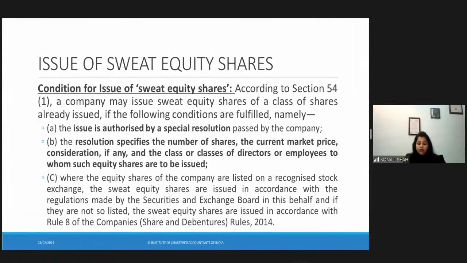Now, what are the conditions for the issue of sweat equity shares? Section 54 says that a company may issue sweat equity shares of a class of shares if the following conditions are fulfilled. Firstly, it is authorized by a special resolution passed by the company. Technical know-how means, let's say ABC company knows how to manufacture a device that can reduce electricity consumption. So it has a patent. That company is based in the US, and it also wants to expand in India.